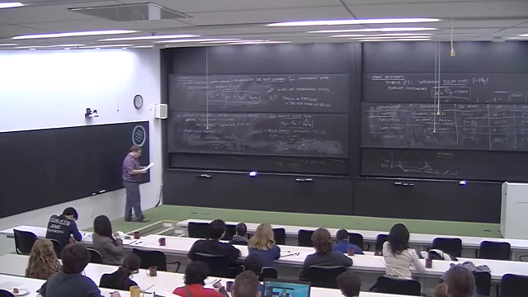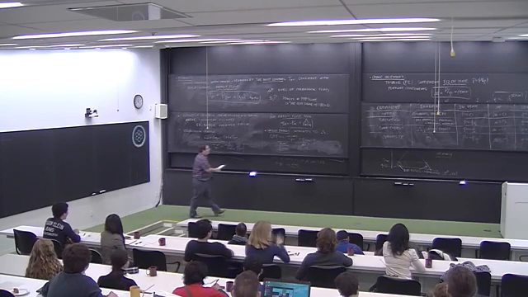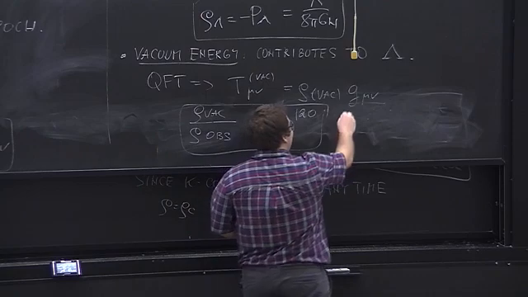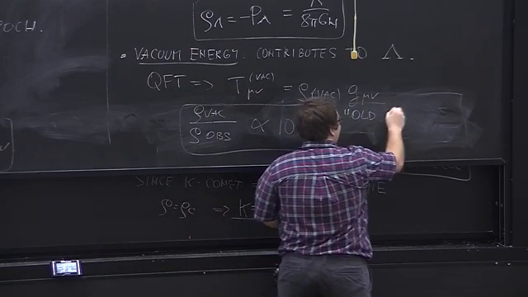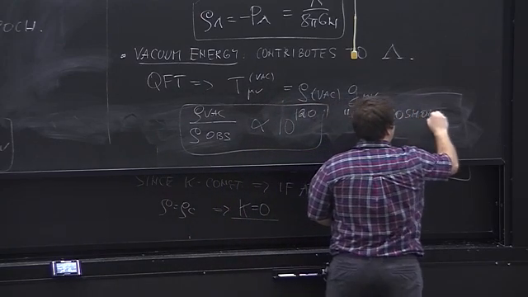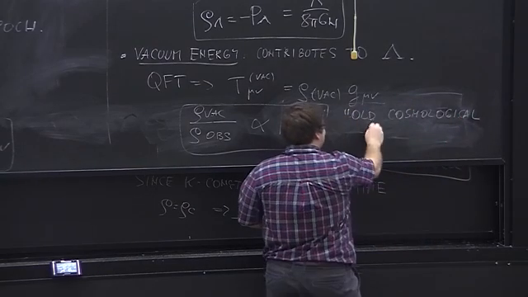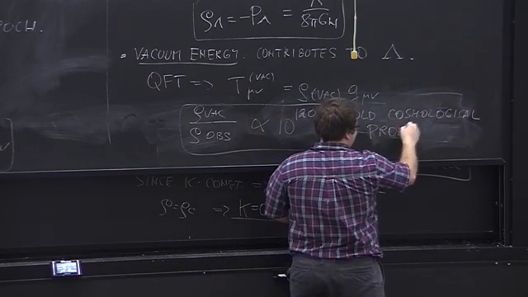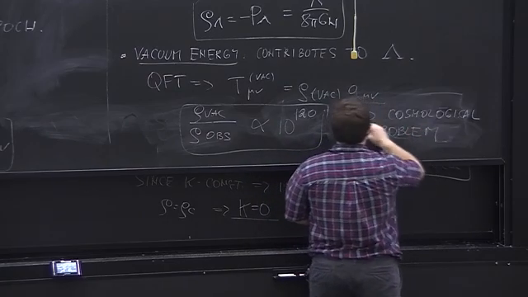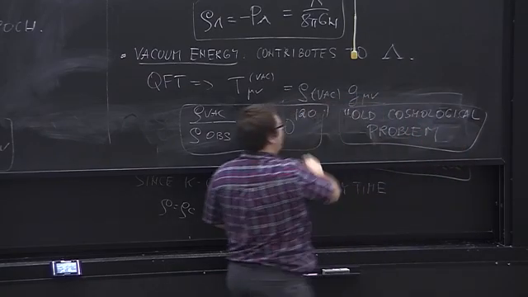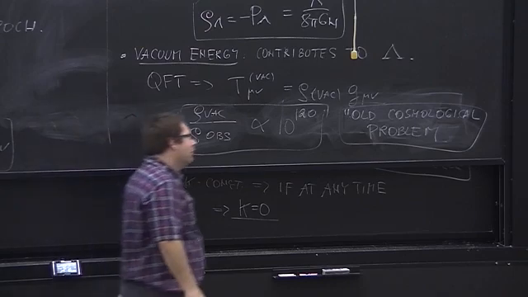So this is called the old cosmological constant problem. It's a very old cosmological problem, and people still struggle with this.